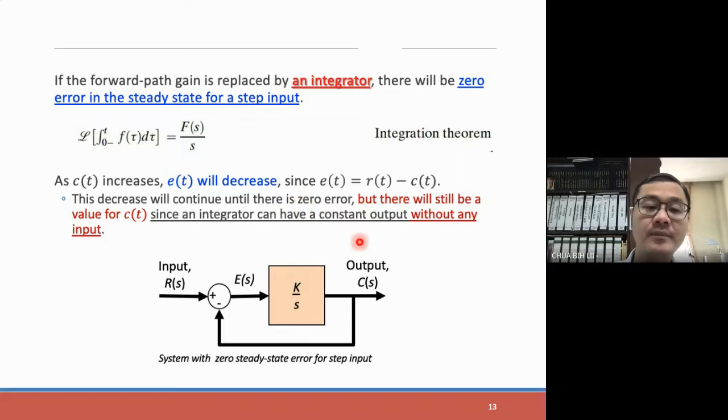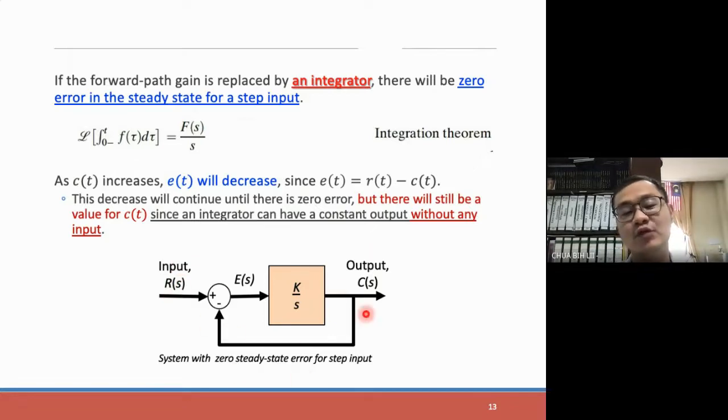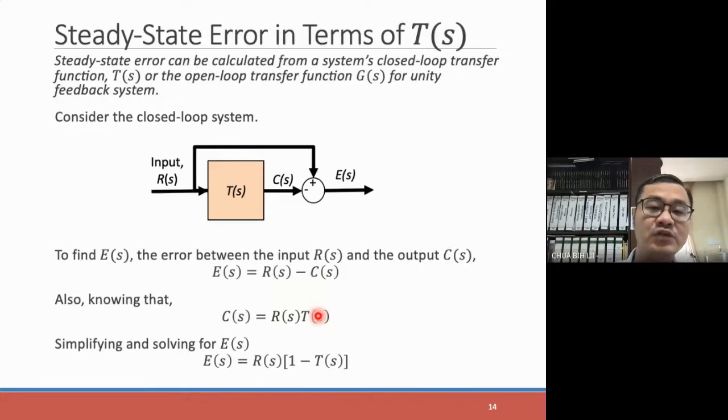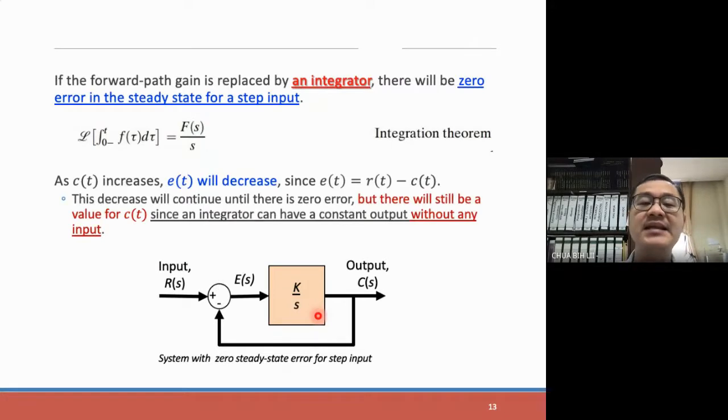But there will still be a value for C(t), since the integrator can hold a constant without any input. You may not provide any input over here, but the system will continue to run due to the K over s. So that is the response type, or the steady state error, due to the integrator.